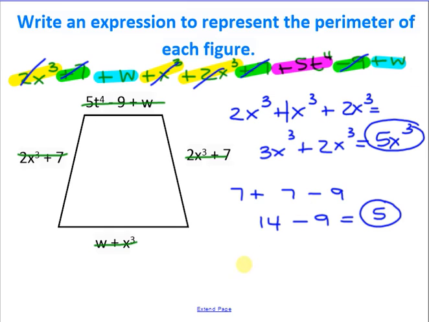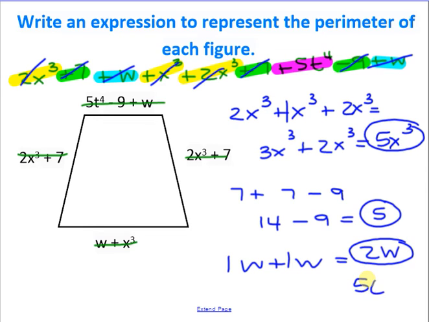W plus W. Now remember, there's an invisible 1 in front of those. So 1 plus 1 is 2W. He needs to be in our final answer. And then we have this guy by himself, and he can't combine with anybody, so he's just by himself. But he also needs to be in our final answer.